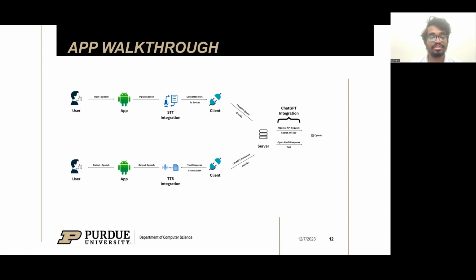The client uses the text-to-speech integration, for which we use the PyTTSX3 library. This converts the text message received from OpenAI back to speech, and the Android application gives it back to the user as speech. We'll take a look at the various scripts that we use for each of these APIs.